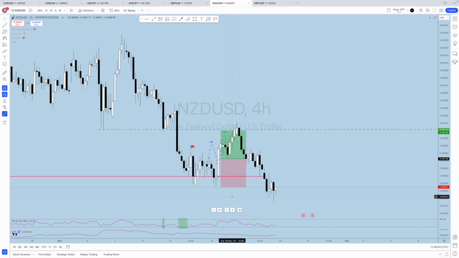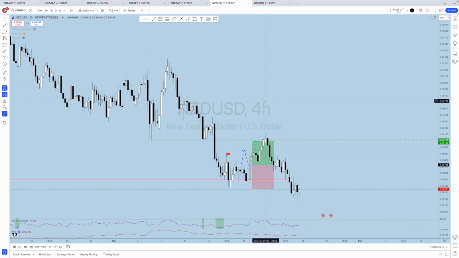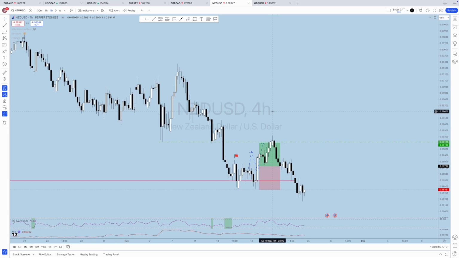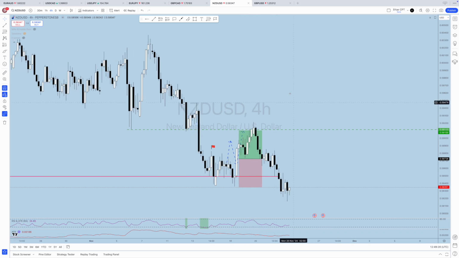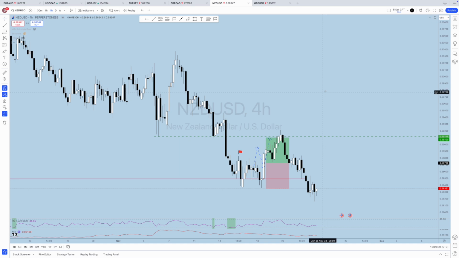Didn't fill me in and hit my target, so I had to cancel my order, and despite being right, I didn't make any profit here. That's another lesson that you probably learn quite early in your trading career. You might be right, but you still won't make money all the time. So yeah, quite annoying, but I just have to move on.